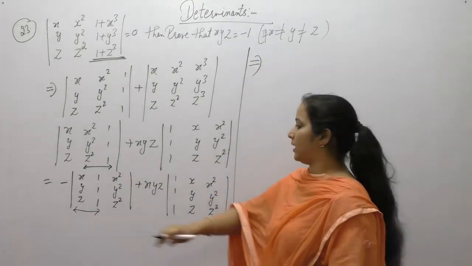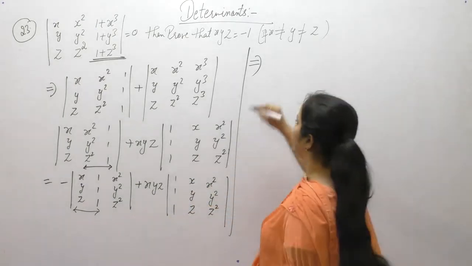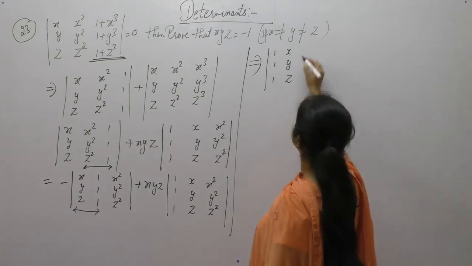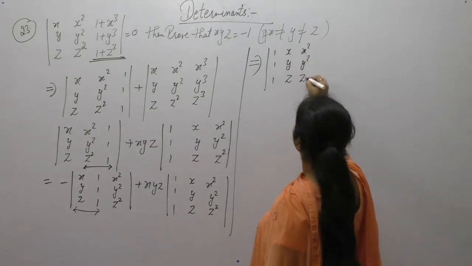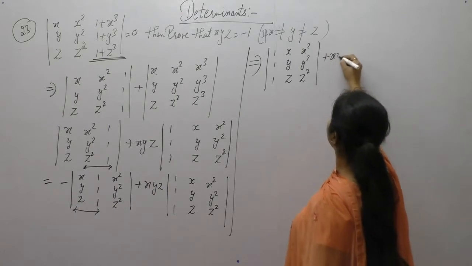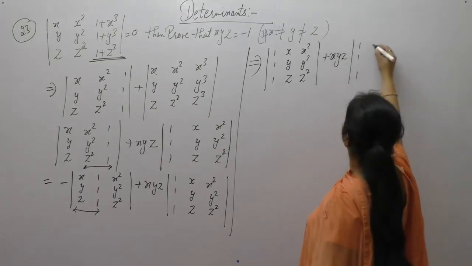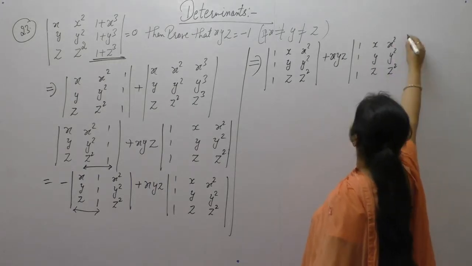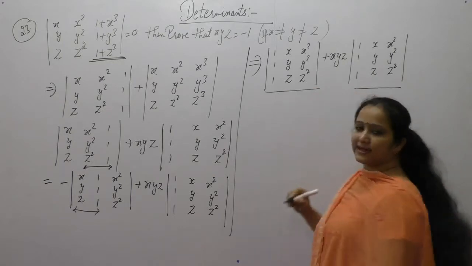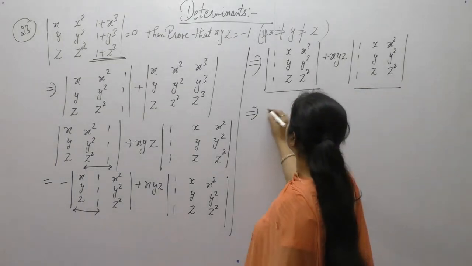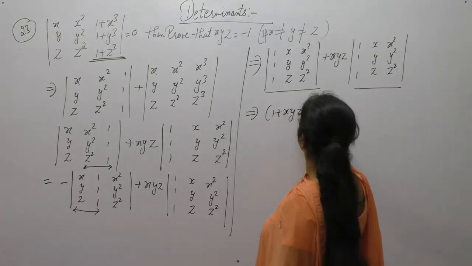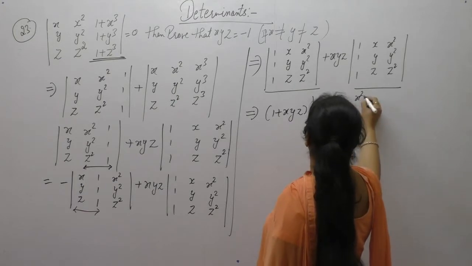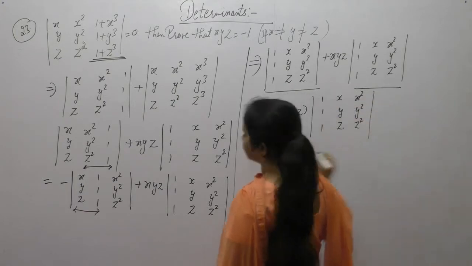The negative is already outside the determinant, so negative and negative become plus, and it becomes the determinant 1, 1, 1, x, y, z, x square, y square, z square, plus the determinant x, y, z, 1, 1, 1, x square, y square, z square. Now these two determinants are the same, so we can write it as 1 plus xyz times the determinant 1, 1, 1, x, y, z, x square, y square, z square.